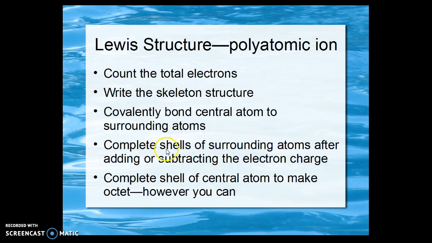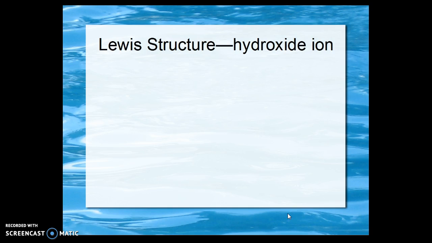You complete octet shells of the surrounding atoms after adding or subtracting the electron charge on the ion. So you do the octets as well as you can once you've got all the electrons around all of the atoms. So let's do hydroxide.